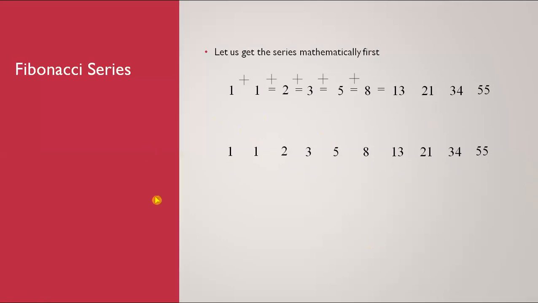So the major question which will come into the picture is how it can be achieved programmatically. Let us assume that this series starts with 1 and then 1, which we need to initialize.